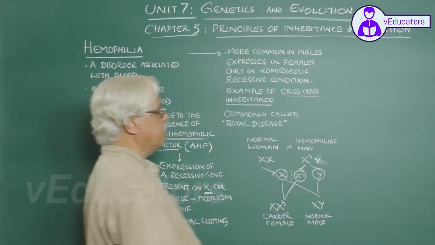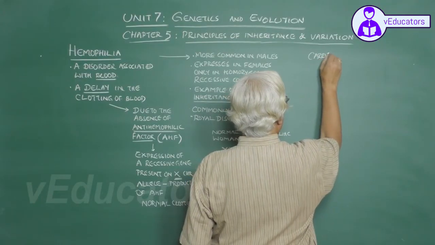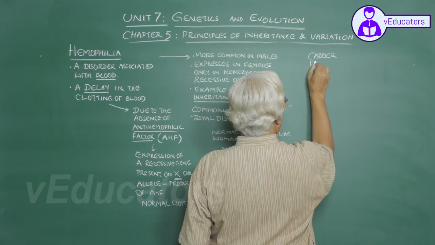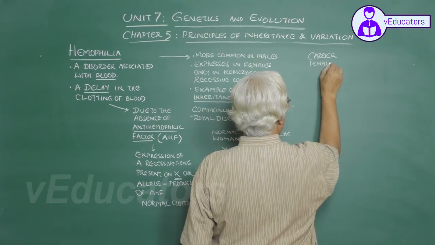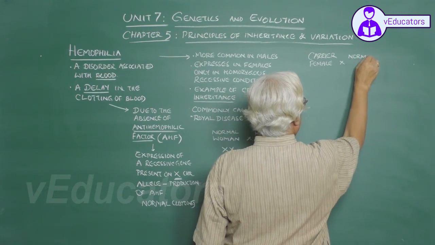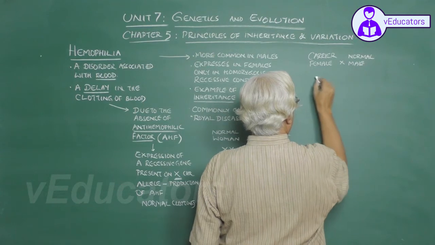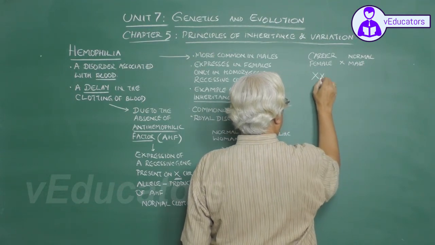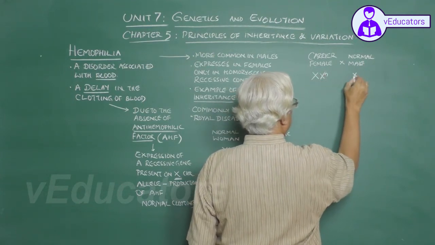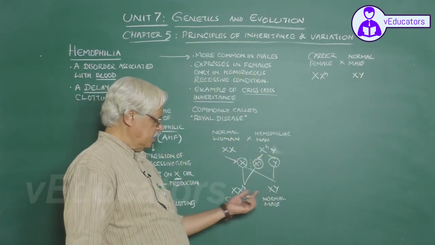Suppose this carrier female marries a normal male. XXH, XY. We are taking the same genotype.